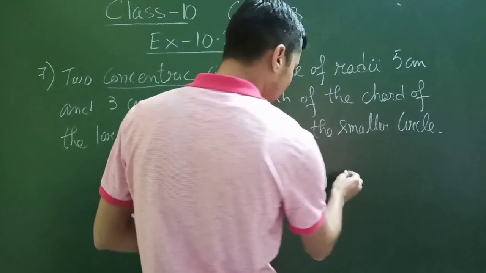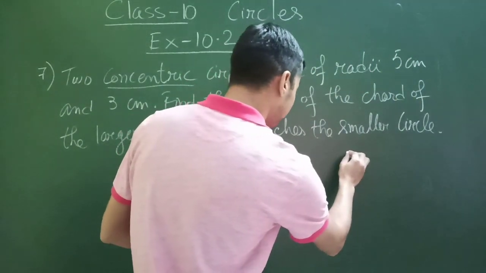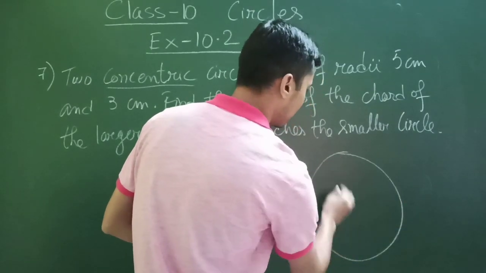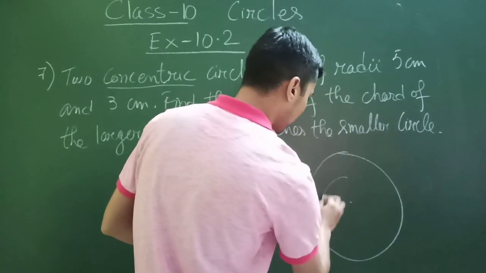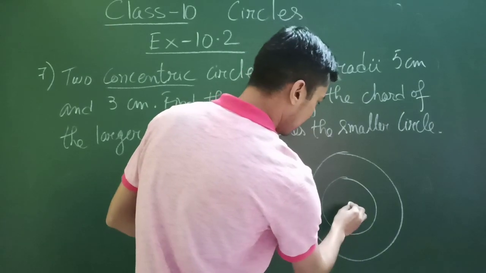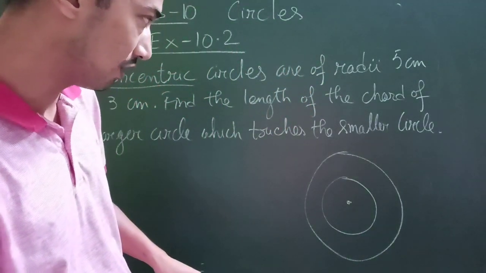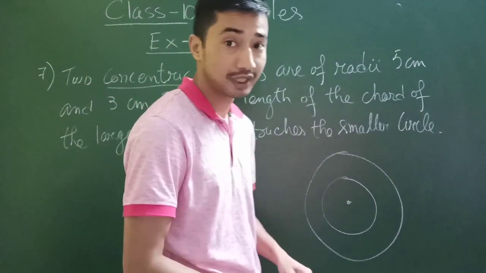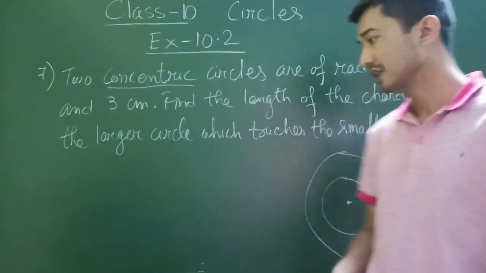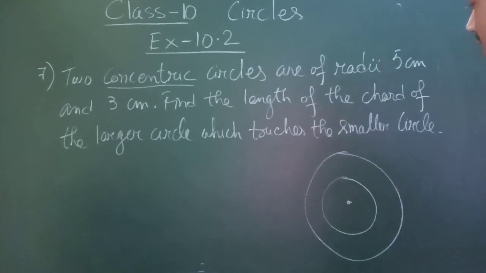So let me just draw the concentric circles. Maybe I'll just draw a bigger circle with a common center, and then I'll draw a smaller circle. So both of them, of course, they will be sharing the same center here. Of course, the circle looks very odd, but please don't mind my figure here. Of course, are of radii 5 and 3 cm.